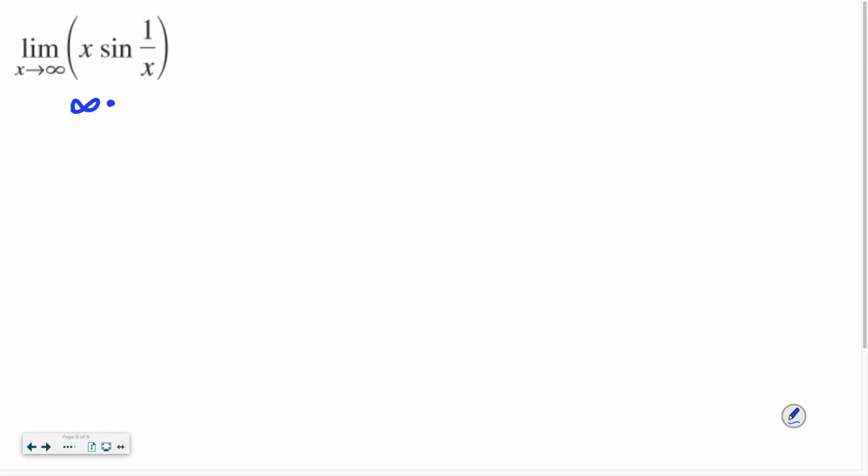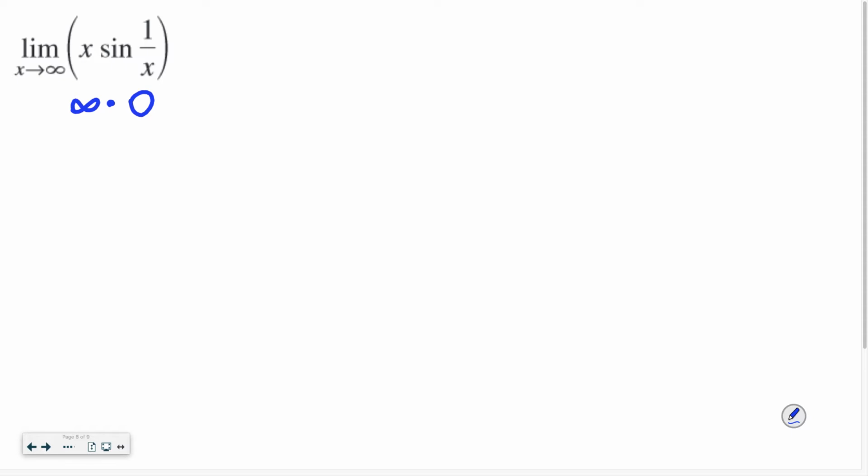Okay, sine of 1 over x. Well, 1 over x towards infinity, we've been talking about how that goes towards 0, right? Well, what's the sine of 0? Yes. So we have our indeterminate form of infinity times 0.